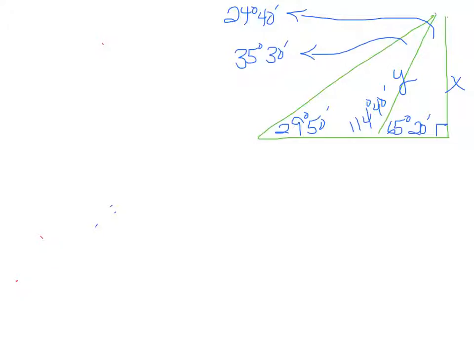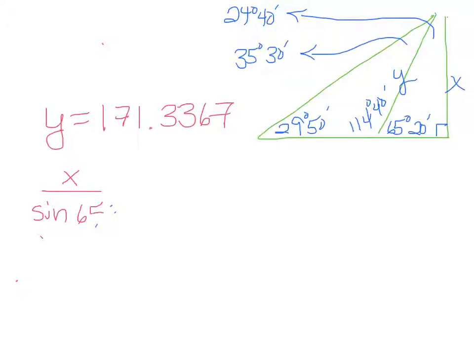So we had y equal to 171.3367. Now we're going to use the triangle on the right-hand side to solve for x. We'll do law of sines one more time: x over the sine of 65 degrees 20 minutes is equal to y, which is 171.3367, over the sine of 90.